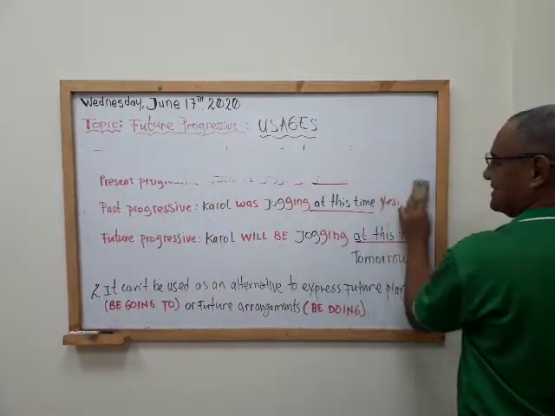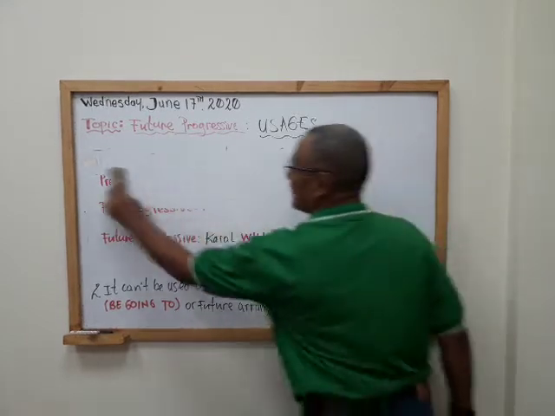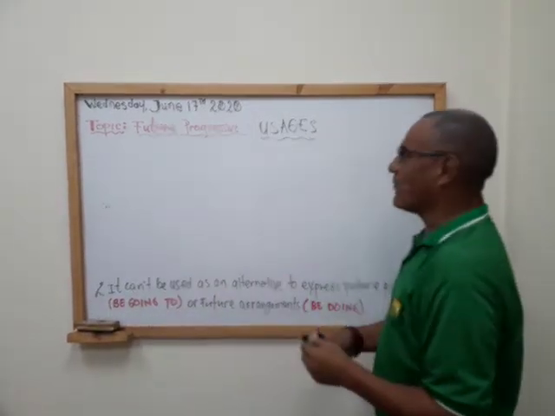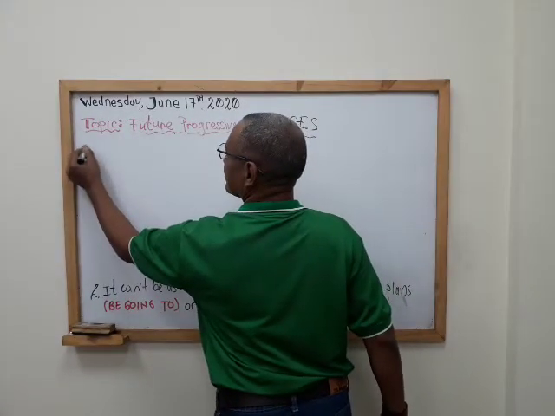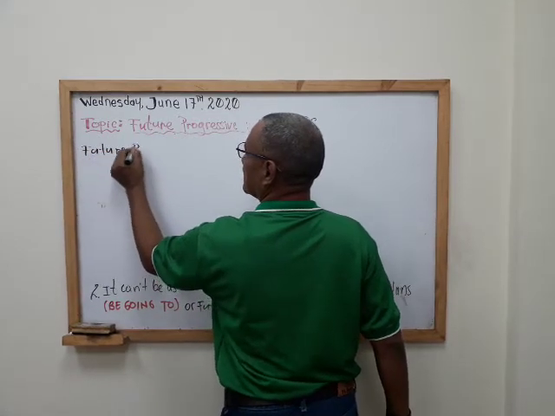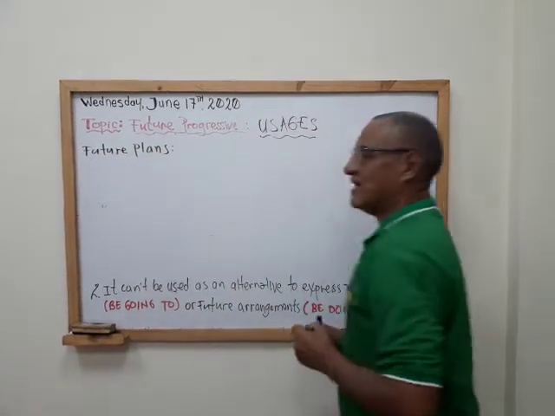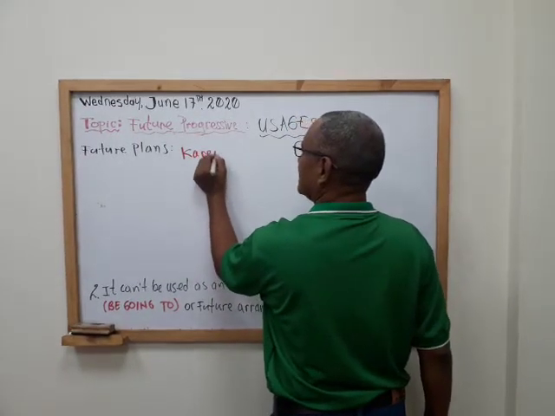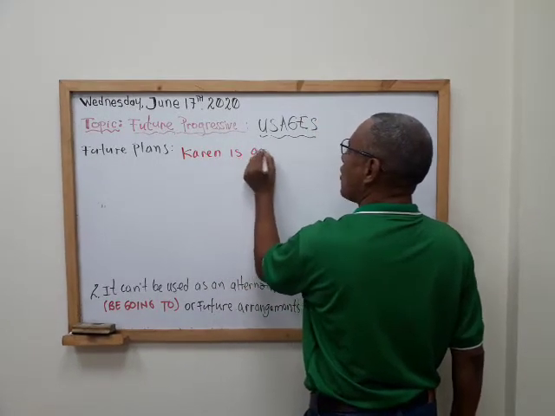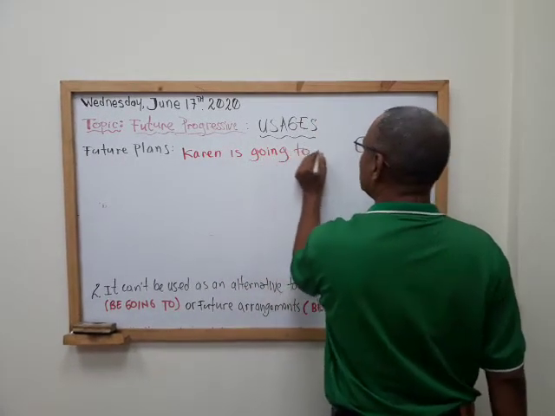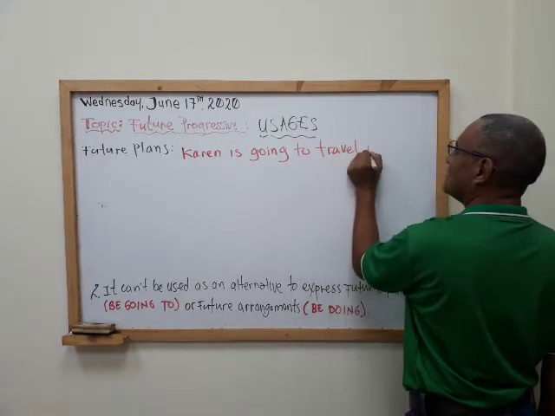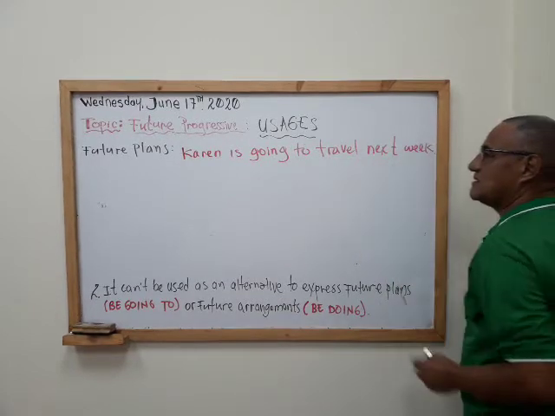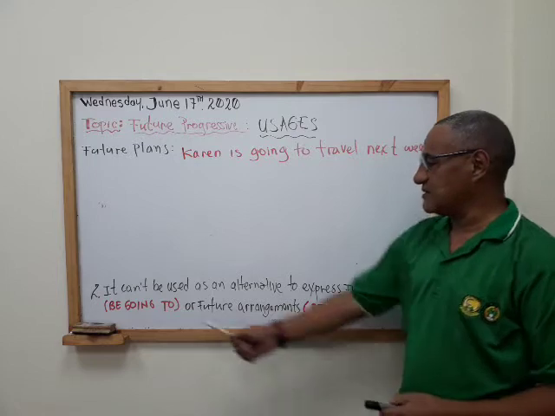First, for future plans. For example, Karen is going to travel next week. This is a future plan with is going to.